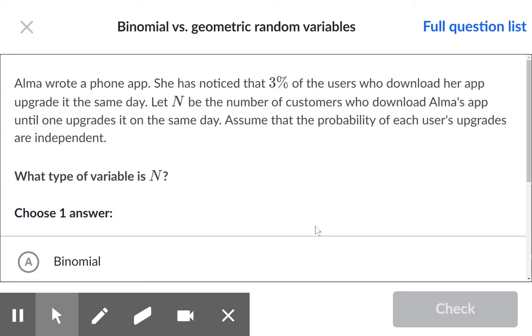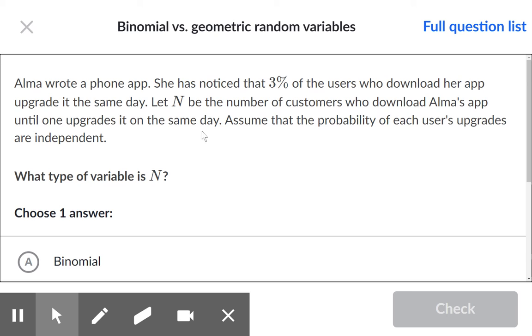Here, Alma wrote a phone app. She has noticed that 3% of the users who download her app upgrade it the same day. Let M be the number of customers who download Alma's app until one upgrades it on the same day. See how it says until one upgrades it on the same day.